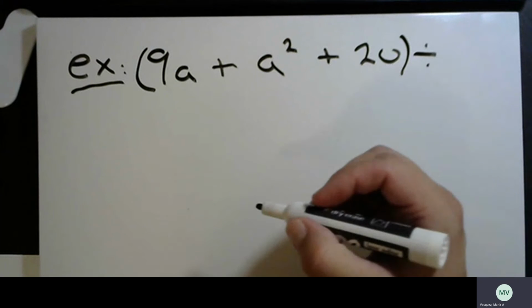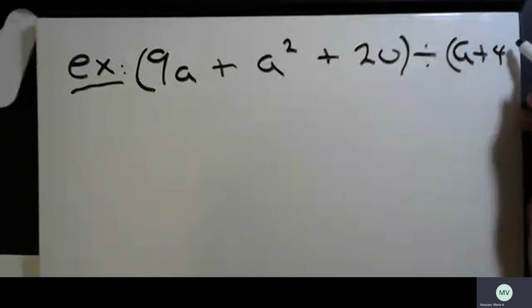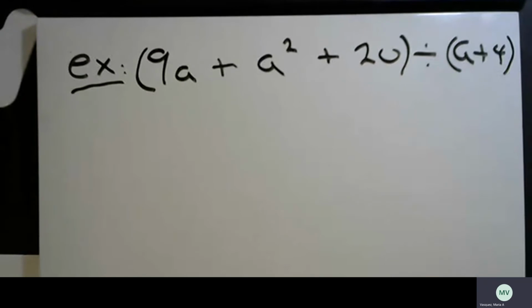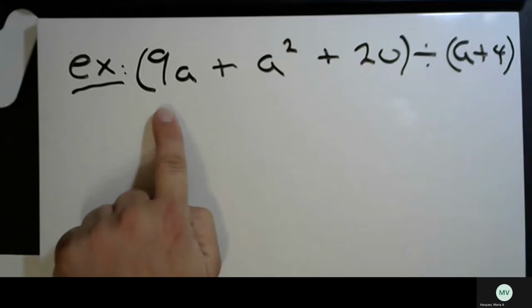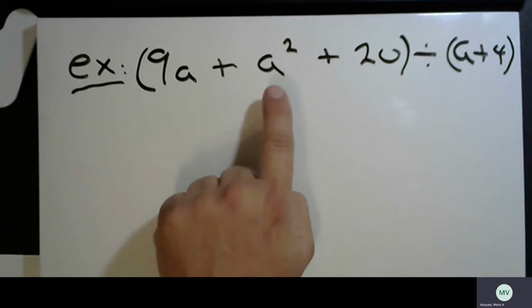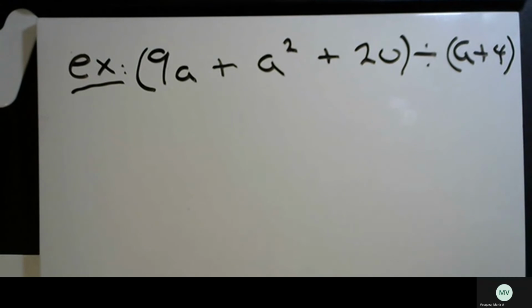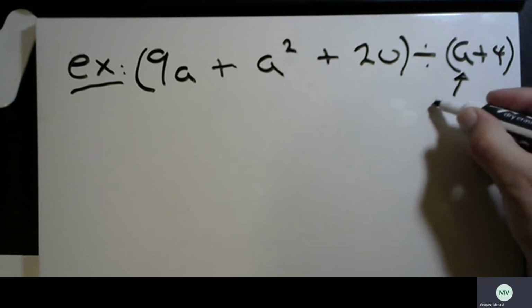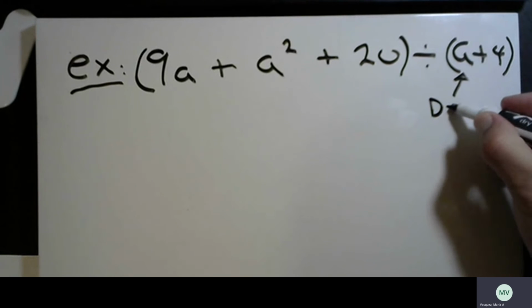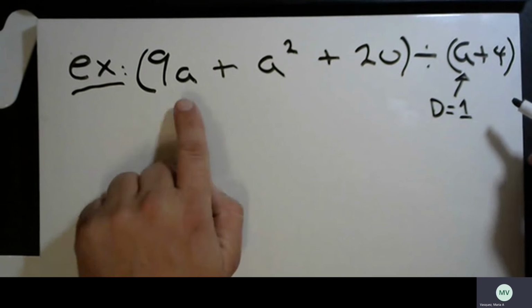Well, if you have something like this, what you want to do is take these polynomials and reorder them so the terms with the highest degree are first, and the terms with the lowest degree are last.